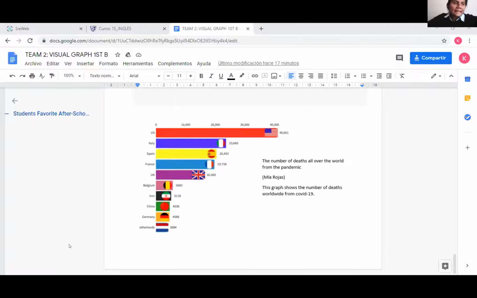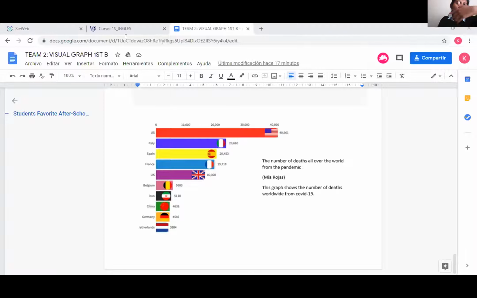Mia, just to conclude your presentation, I would like you to tell me personally what this graphic tells you. It told me the countries that are more affected by COVID-19. And why do you think the United States is at the top? Based on what? What can you deduce?